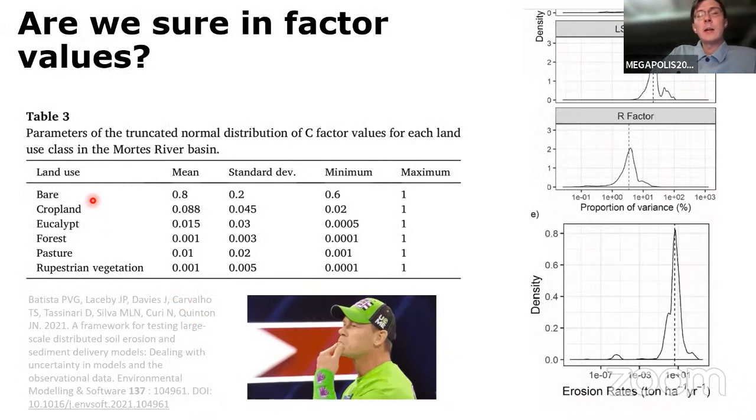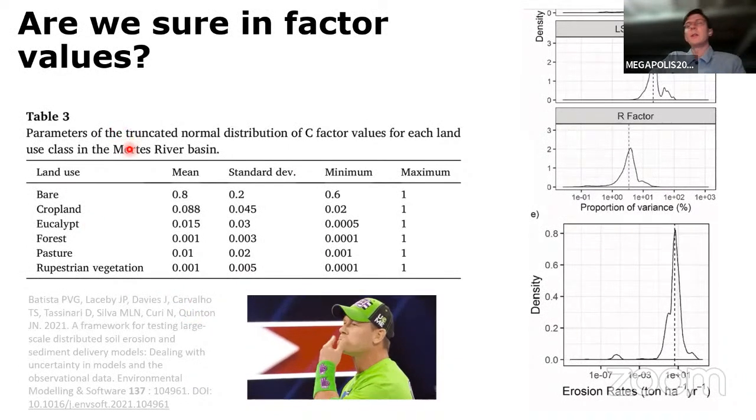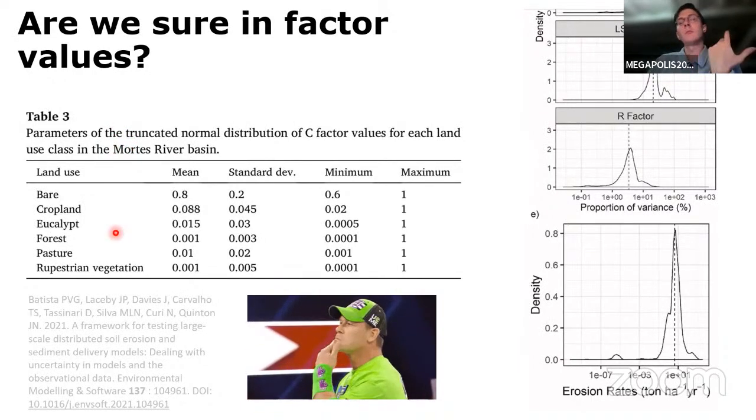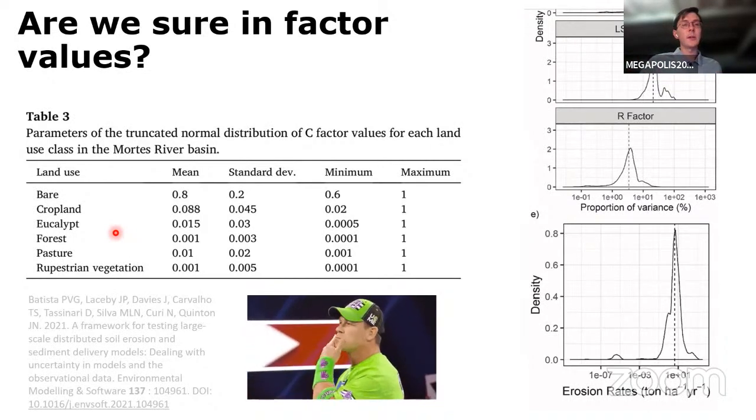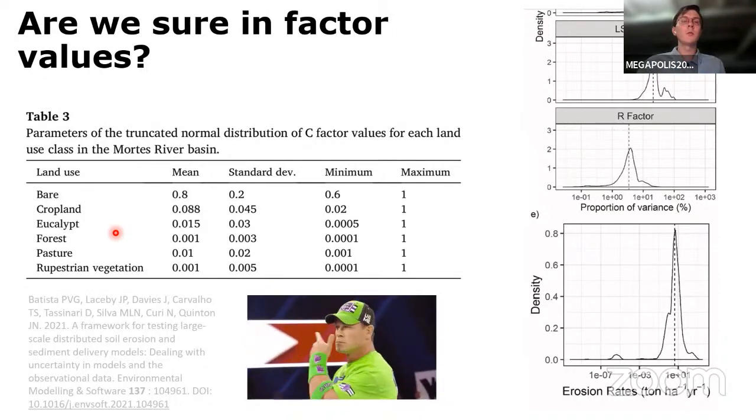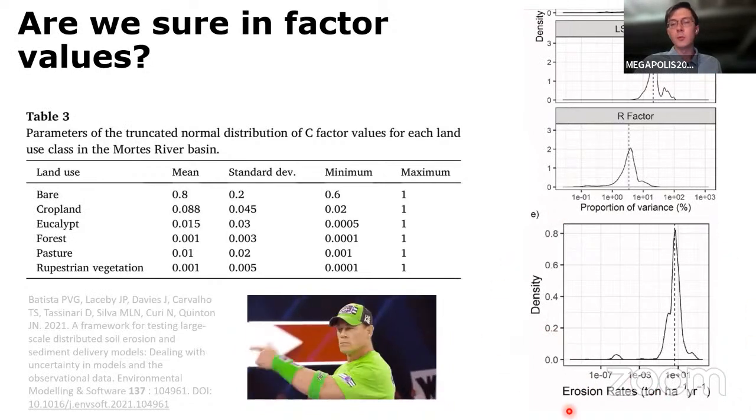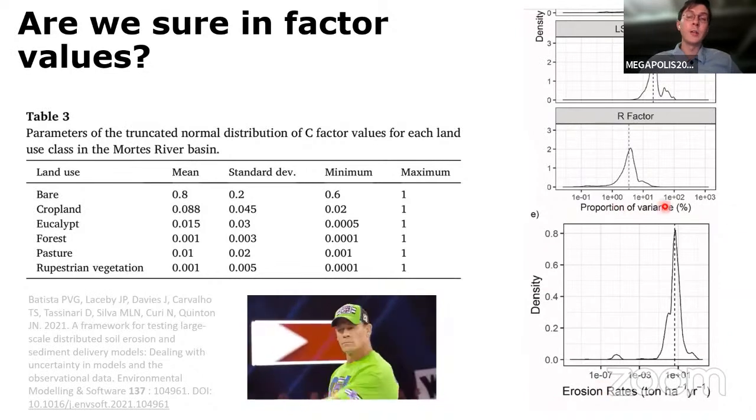So they created almost 100 alternative rasters of C factor, K factor, R factor, LS factor, and so in the end they received almost 1,000 alternative values of erosion rates.